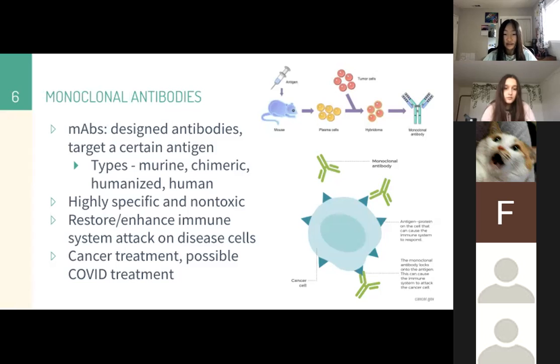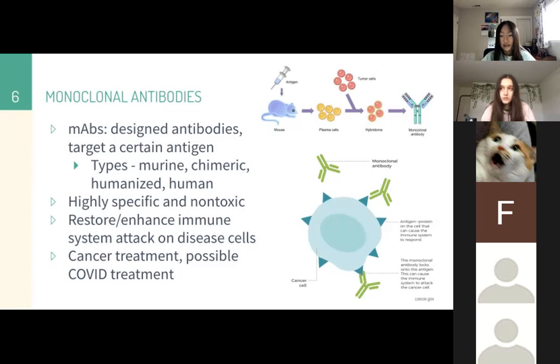An antibody is a protein that sticks to a specific protein called an antigen. So if you design certain antibodies that target certain antigens, that means you can treat many different diseases, like cancer and other diseases that are hard to target with other types of medicine.